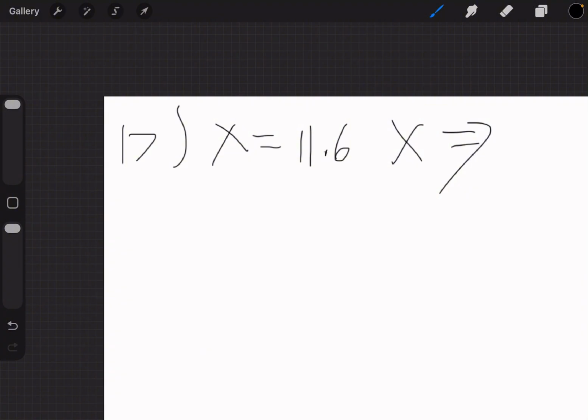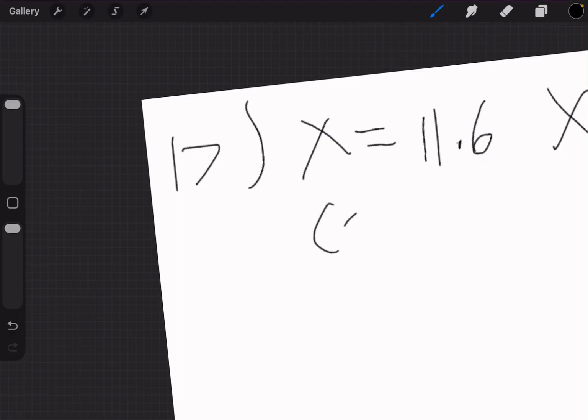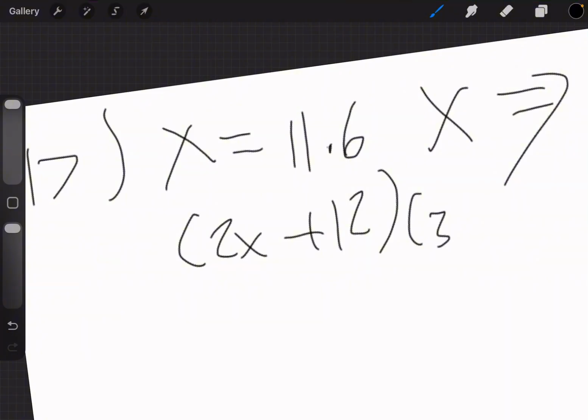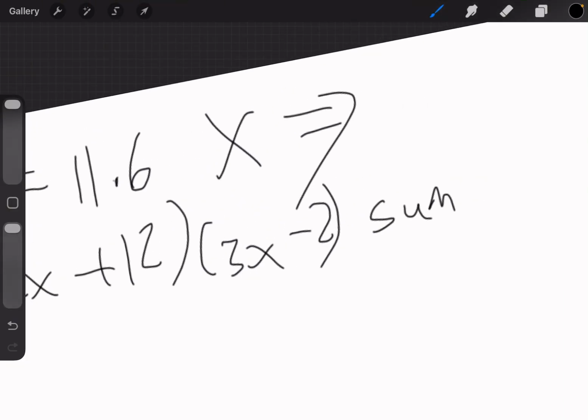okay, so given the 2x plus 17 and given 3x minus 2, I have to form a right angle, so the sum has to equal 90 degrees.